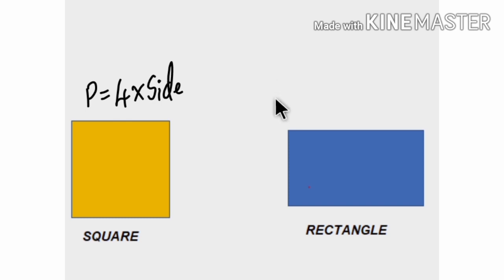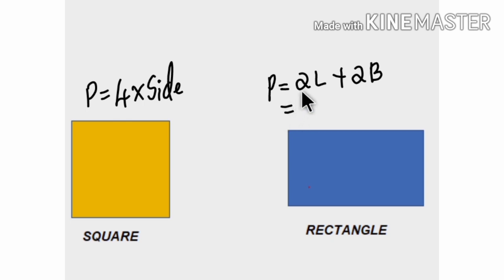Okay. Now here, for finding perimeter, you can see there are two lengths, 1, 2. So let's name it as 2 into L, 2 length, and you can see 2 breadth, 1, 2.